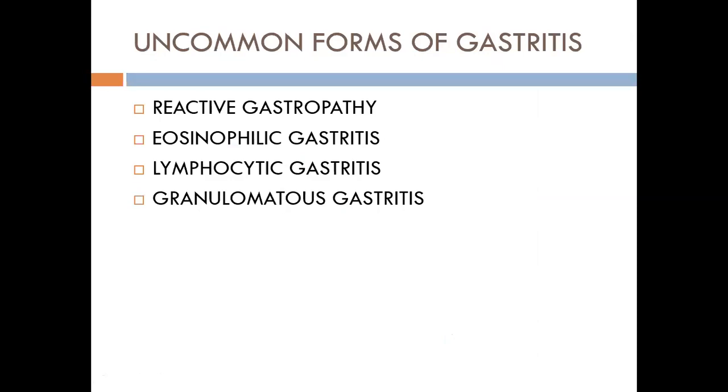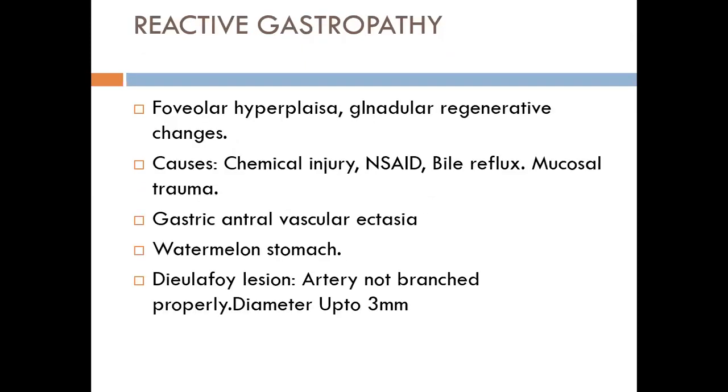Then there are certain uncommon forms of gastritis like reactive gastropathy, eosinophilic gastritis, lymphocytic gastritis, and granulomatous gastritis. In reactive gastropathy, there are glandular regenerative changes and foveolar hyperplasia, and the common causes are chemical injury, non-steroidal anti-inflammatory drugs, bile reflux, and mucosal trauma.